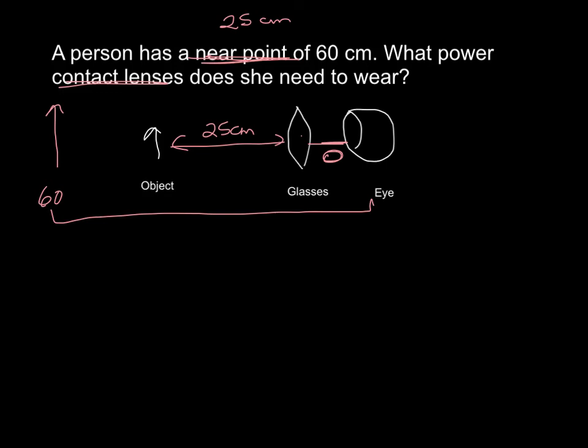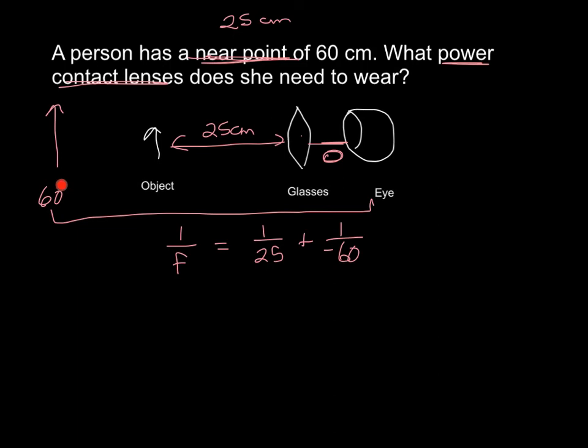Her eye can't focus on anything closer than 60 centimeters. So 1 over f, because we're looking for what power, so we need the focal length. 1 over f equals 1 over 25, that's our DO, plus 1 over, now this is kind of tricky. It needs to be a negative 60 centimeters.